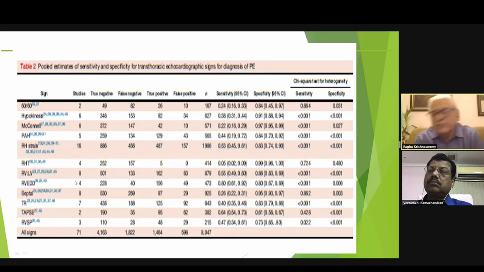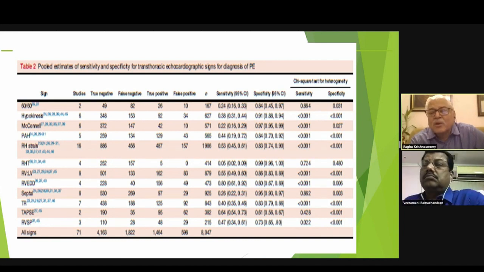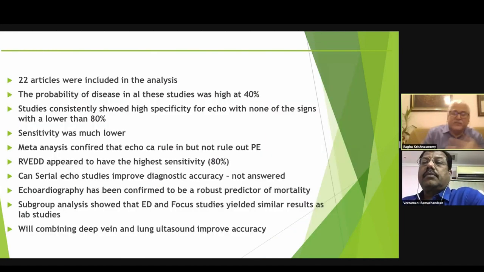The only sensitive sign was thought to be right ventricular end-diastolic diameter, especially when the end-diastolic diameter is more than 3 or 3.5. Unfortunately, they mention that there are no clear-cut guidelines as to what the right ventricular size should be. In different trials, they've used different values as accepting an increased RV end-diastolic diameter.